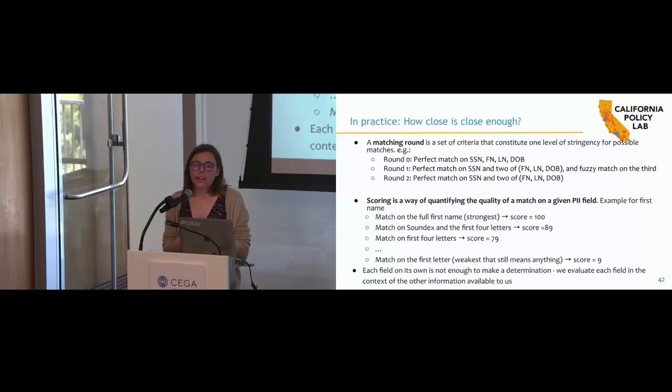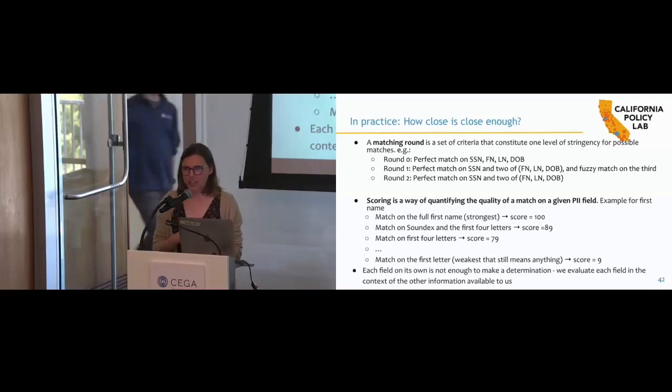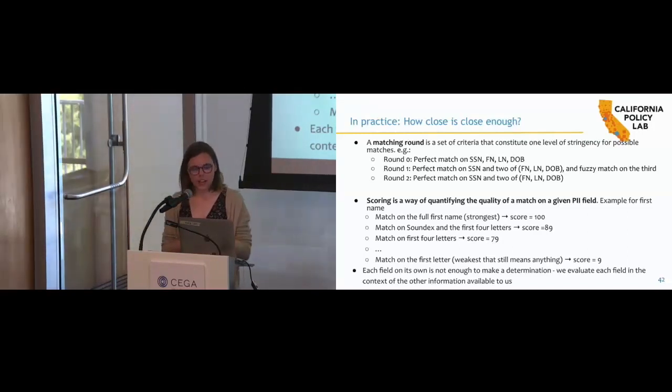In the example of first name, we probably think the first four letters being the same is a stronger indication that this is a match than just the first two letters. So scoring is how we differentiate between those two things, because those would still both be a fuzzy match, but we do want some way to evaluate how strong we think that match really is.